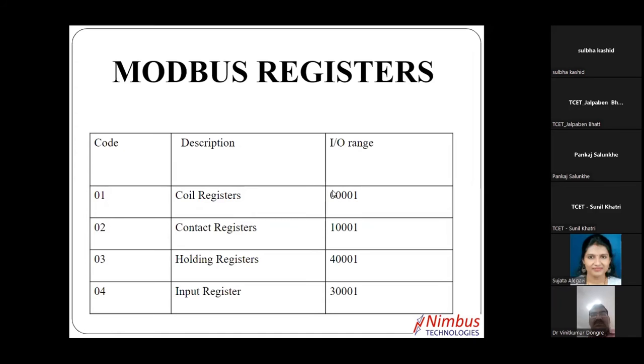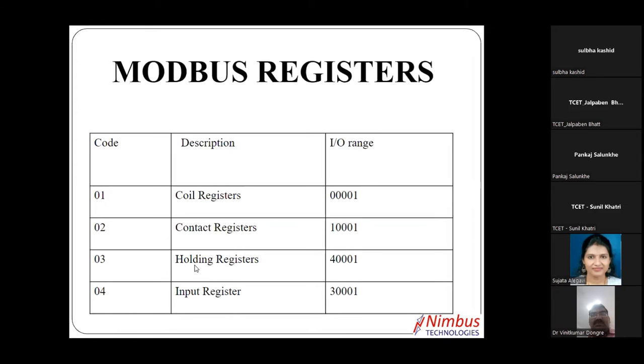The first MSB digit is always 0, and the rest of the 4 digits are the address of that coil register. The second one is the contact register. If you see here, the contact register always starts with 1, and the rest of the 4 digits are the address of that contact register.